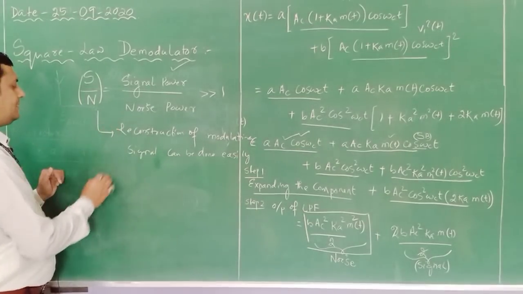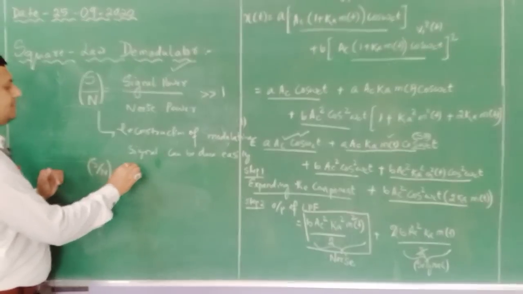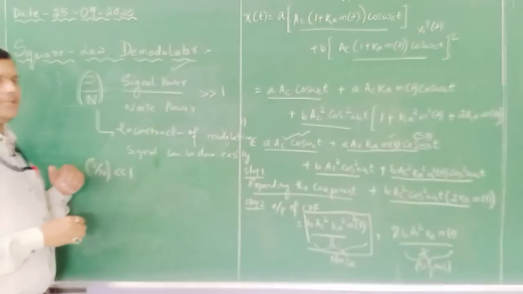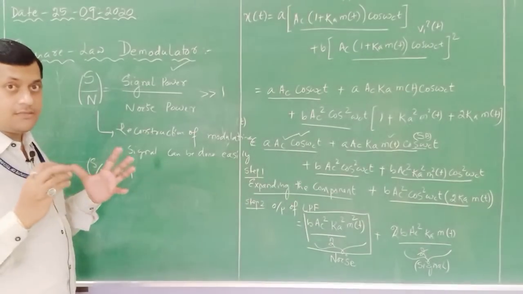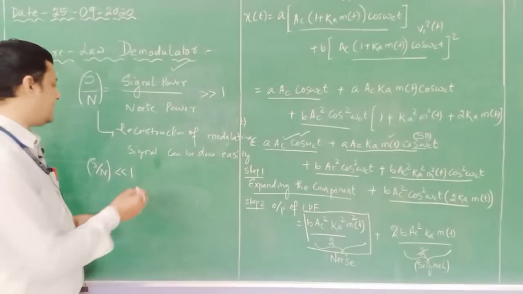Second case: if the signal to noise ratio is less than 1, this indicates that the denominator is greater than the numerator. Denominator means noise power. If the noise power is more, I cannot recover the original signal.